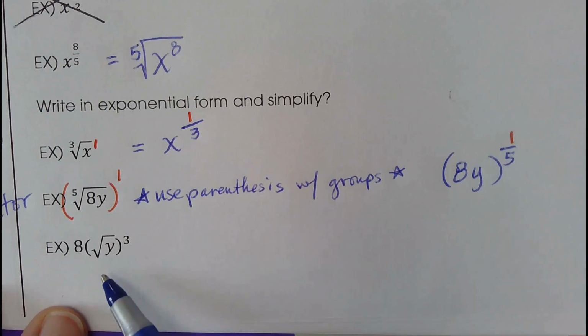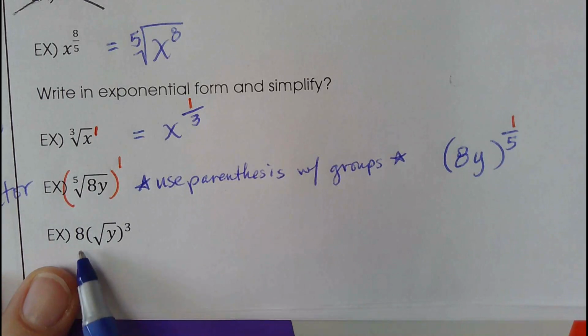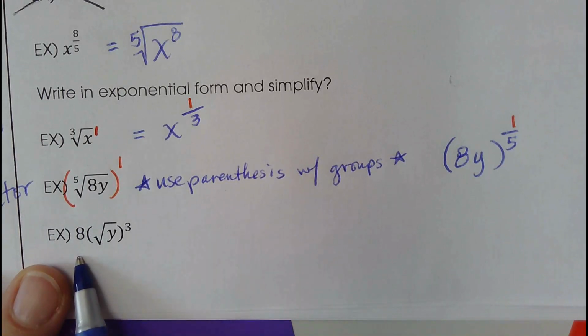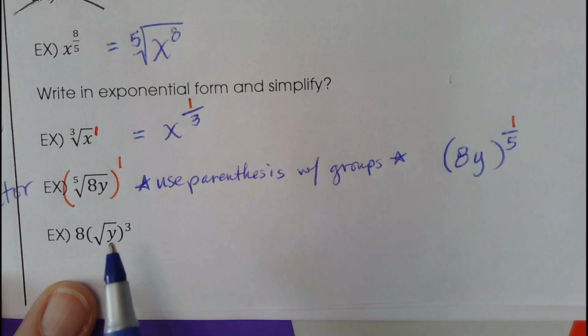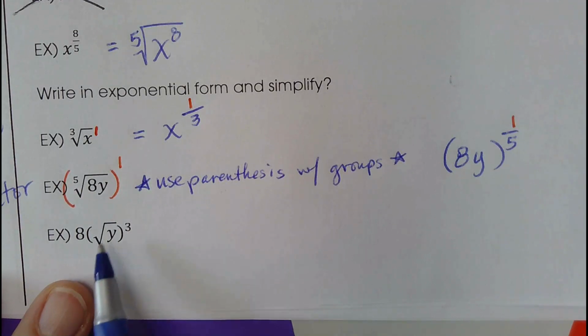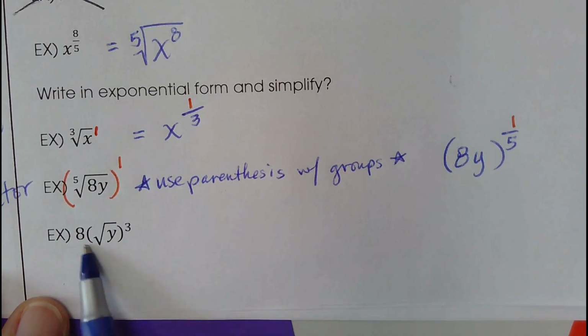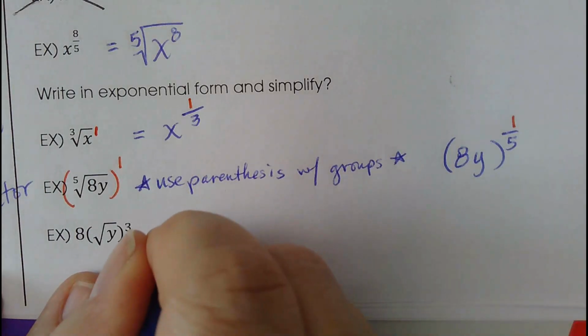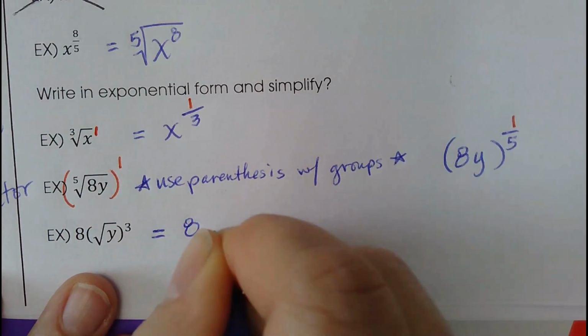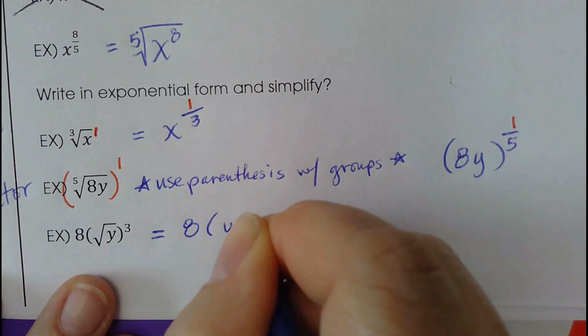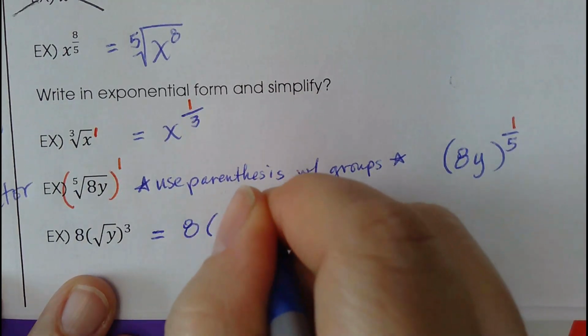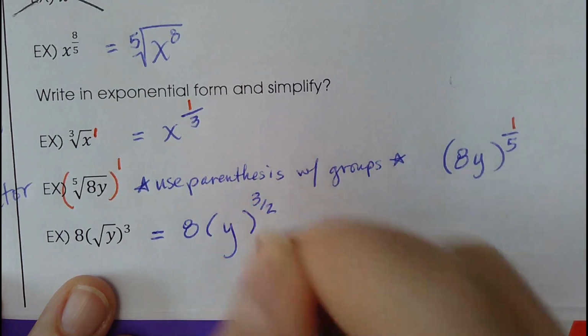Here, for the one just below this, I have 8 multiplied times square root of y to the third power. So now the root and also the power are only going to the y, not to the 8. So when I rewrite this, 8 will still be 8. I didn't do anything to change the 8. This will be 8 times y to the 3 over 2.